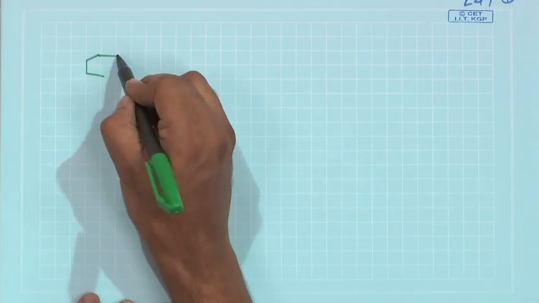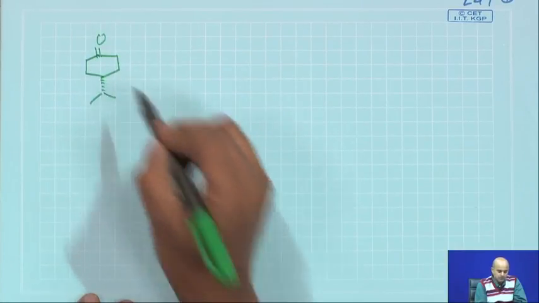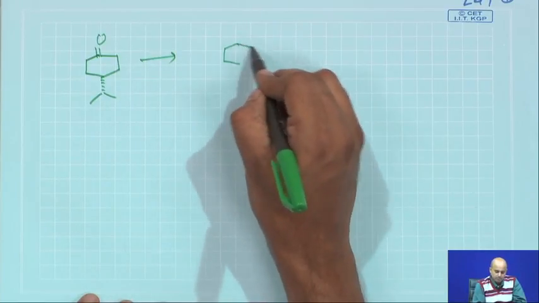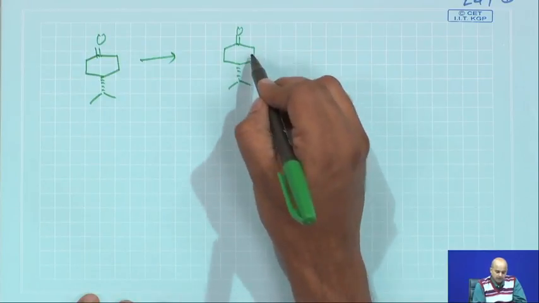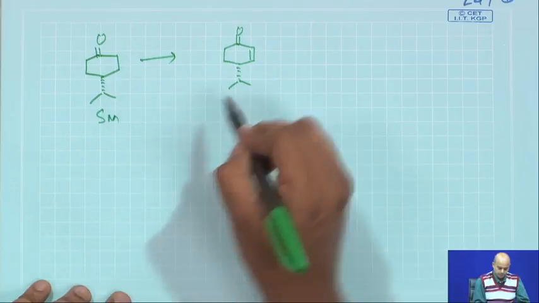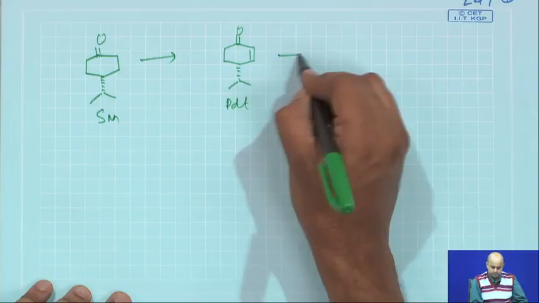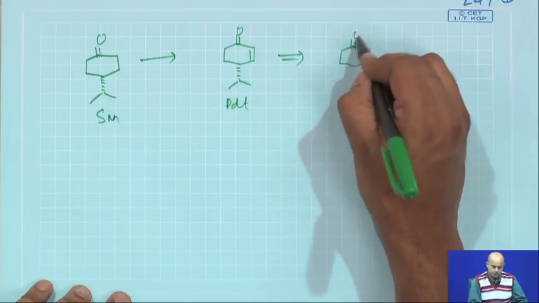In the same line, we will give you another assignment. I say you have a starting material of this structure and I am looking for this product. This one you can easily do the retro, probably the chemistry was already explained to you.